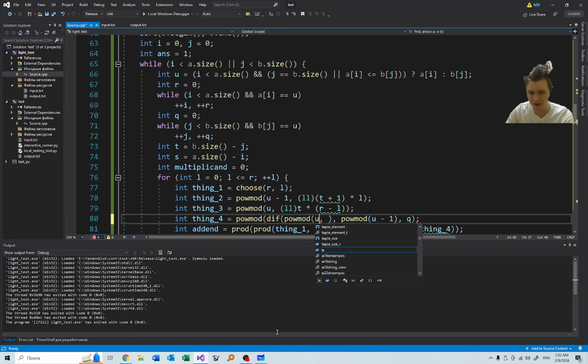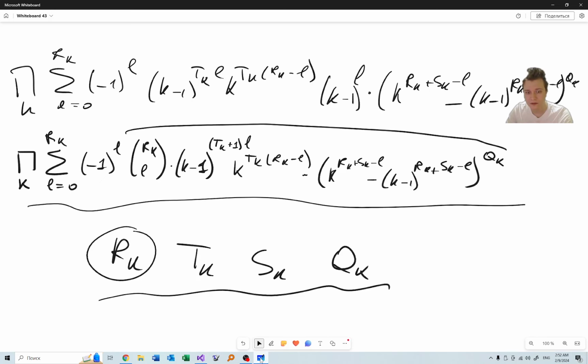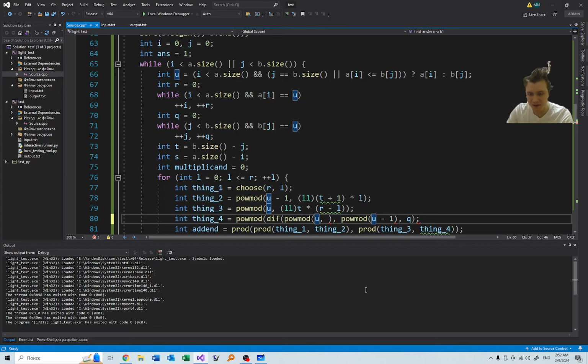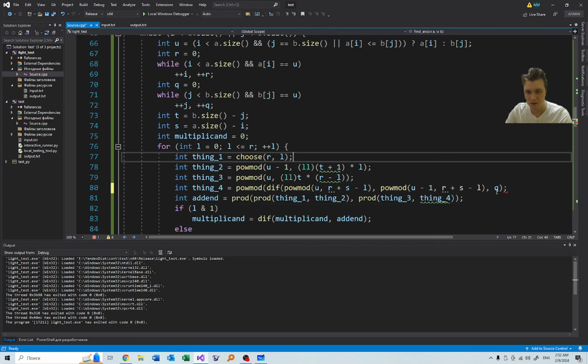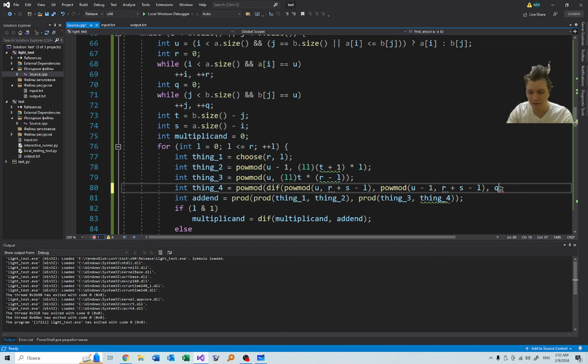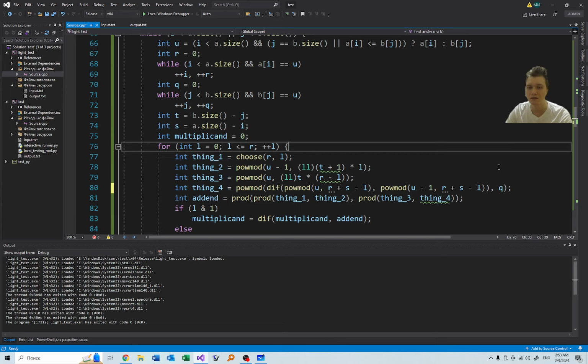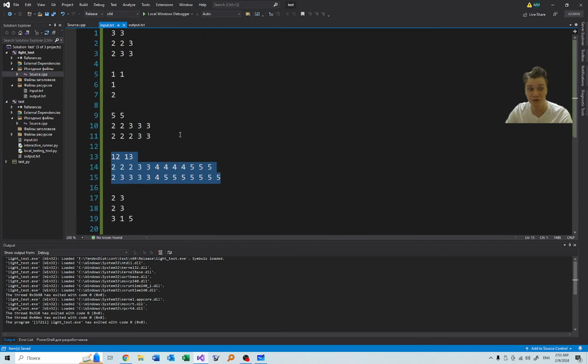And what is the exponent? The exponent is r plus s minus L. And power mod to the power q, but it is already q. Believe it or not, we are finished.